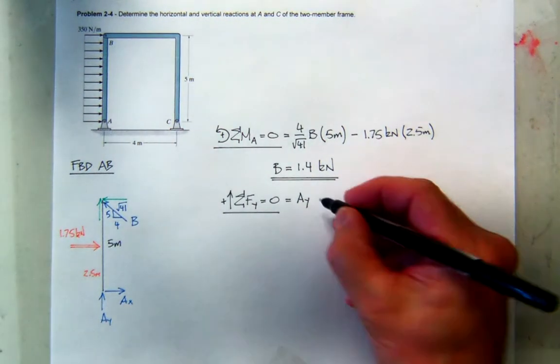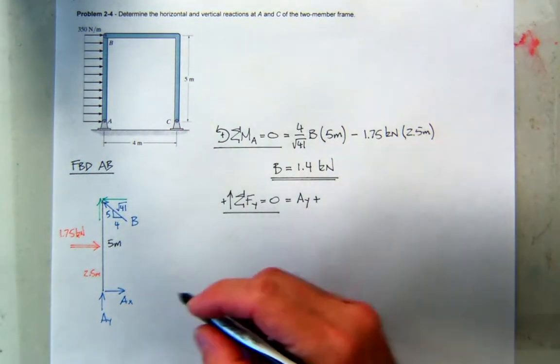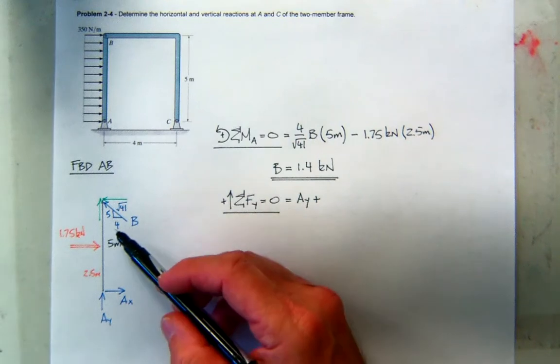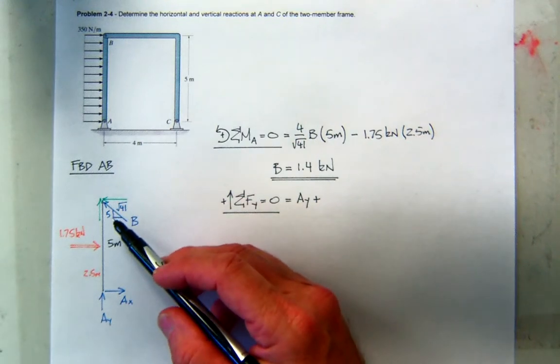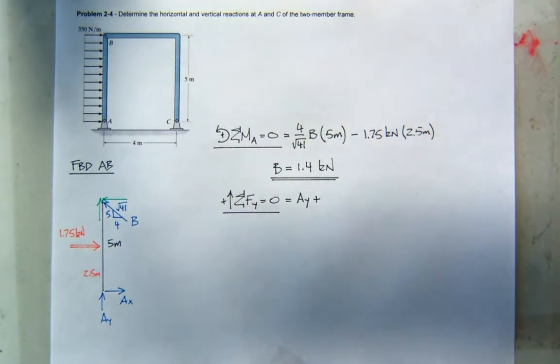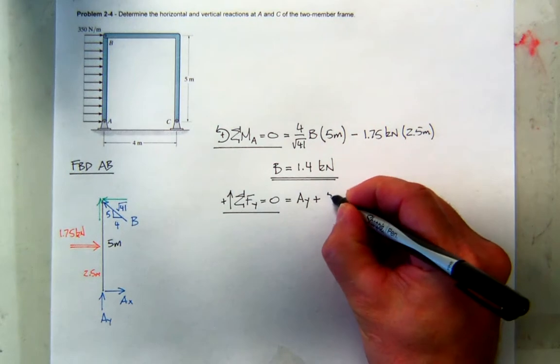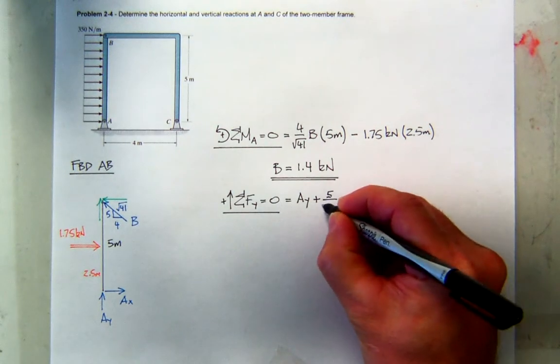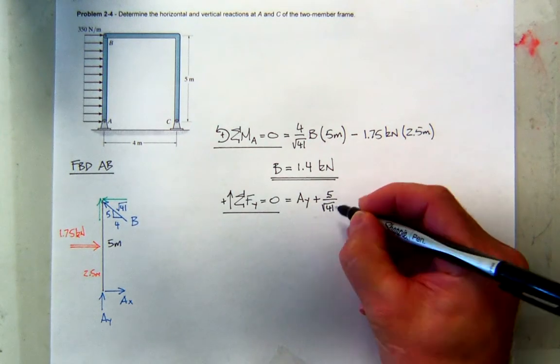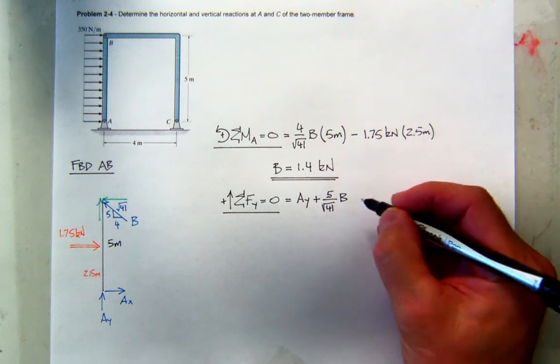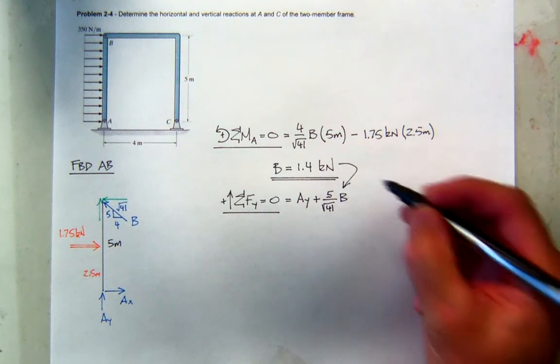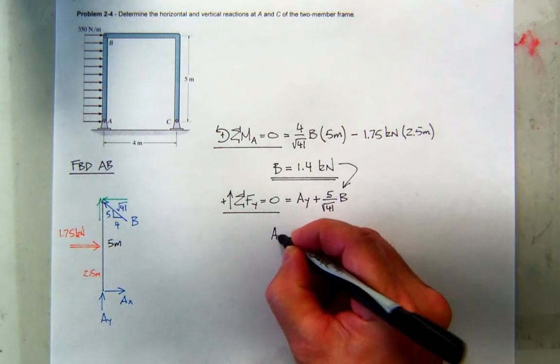So it's going to be positive. What is the Y component of B? Look at my triangle. It's 5, that's the vertical component. It's going to be 5 over square root of 41 B. I know B, I can plug it in there. I should be able to solve for AY.